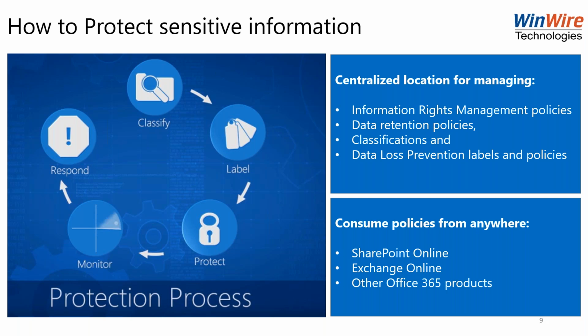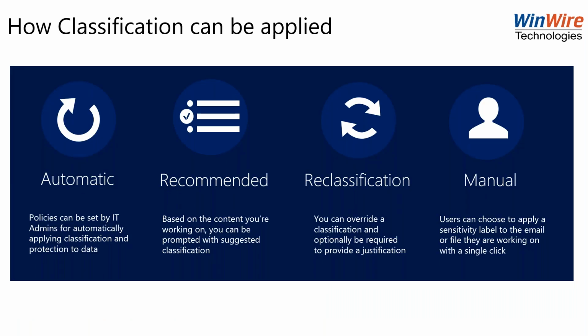Then how can you classify? There are 4 different ways you can do it. Automatically, you can do it based on a set of rules defined, and we can recommend based on the document you're opening. Let's say if it has credit card information, we can recommend, okay, here is the label which may be closest to what the content looks like. Reclassification.